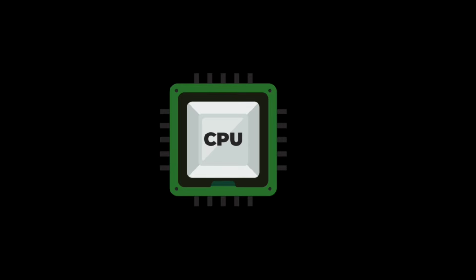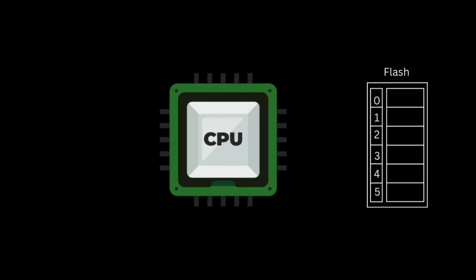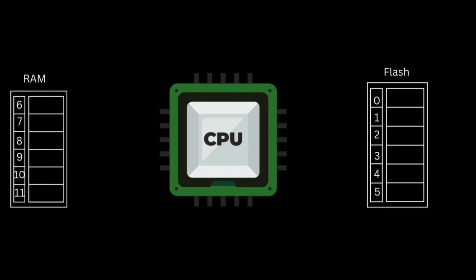Now, in the Harvard architecture, we have two main memory sections, the program memory and the data memory. Both are connected to the CPU through separate sets of wires called buses, with each wire in a bus carrying one bit of information. Let's break them down.